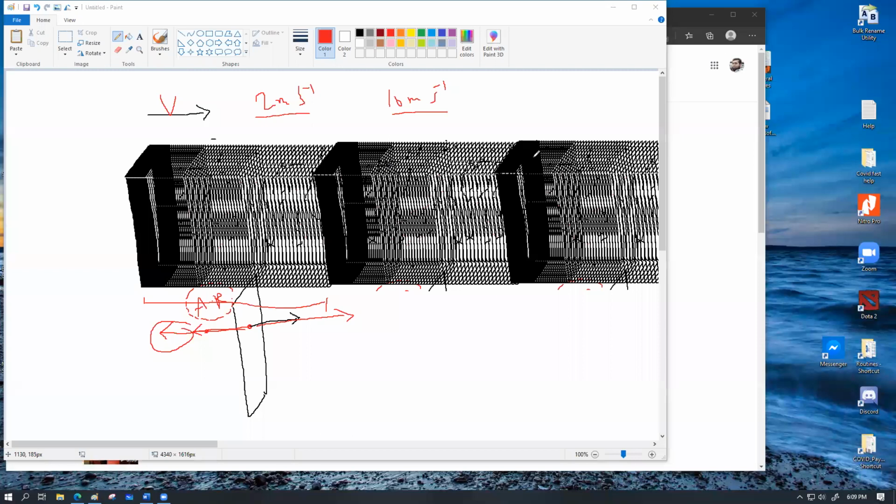Sir, doesn't Newton's third law state that the forces will be equal? Yeah, the forces will be equal and opposite, but those two forces are not experienced by the same object. The object is pushing the air particles forward, air particles are pushing the object backward. Because these two forces are working on two different bodies, you cannot sum these up, or the resultant force cannot be zero. I think you are going in that direction, right? Yes, sir.